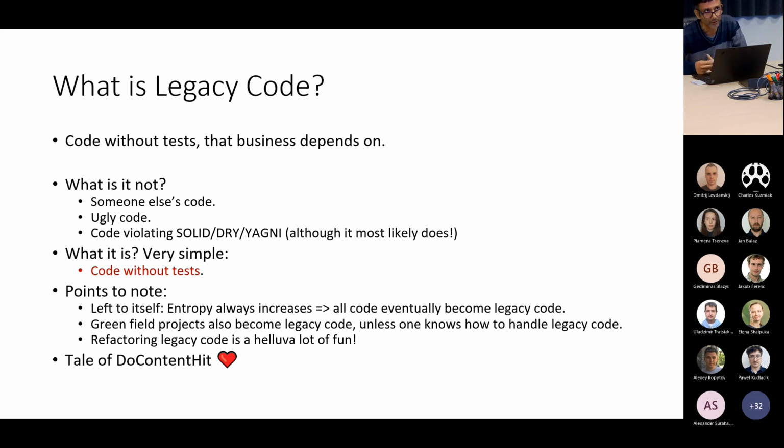For the purposes of this talk, though, there is a reason why we are defining legacy code this way, and it goes back to what I was saying. When you have code without tests, you are missing certain guarantees, and therefore it becomes imperative that you apply a method to the madness, and this is the basis of the entire framework. That's the reason we're defining it the way we are.